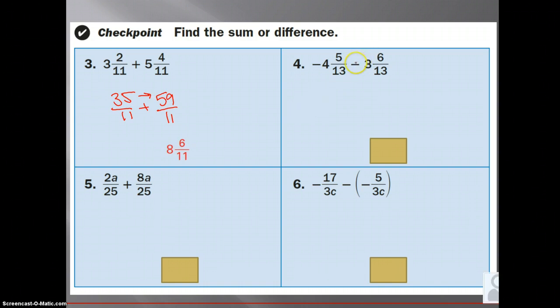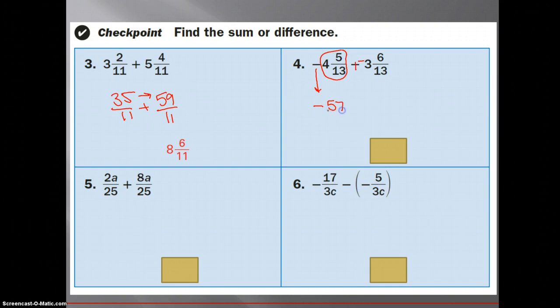I would have changed this subtracting to adding a negative. When you are changing mixed numbers that are negative into improper, just bring down the negative. So kind of think about just changing the positive form into an improper fraction. So 13 times 4 plus 5 is 57.